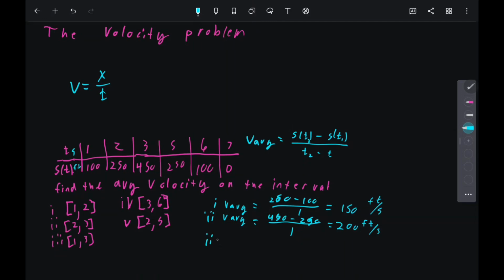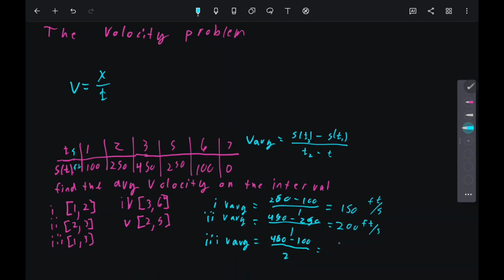Let's do III now. V average is going to be equal to, well, in the denominator, 3 minus 1, that's just 2. And in the numerator, 450 minus 100.